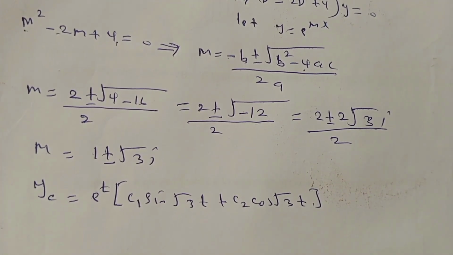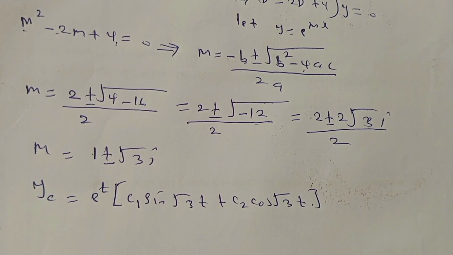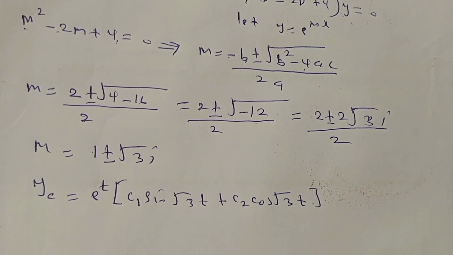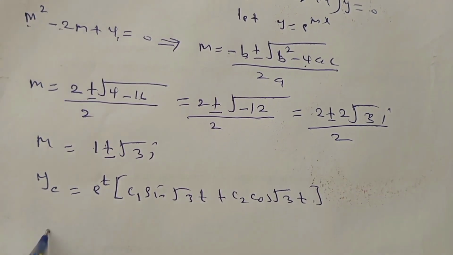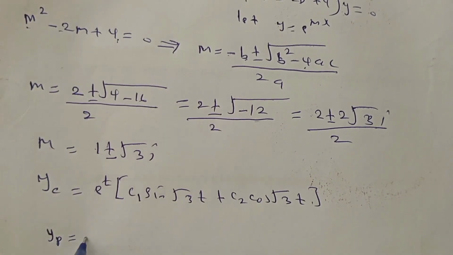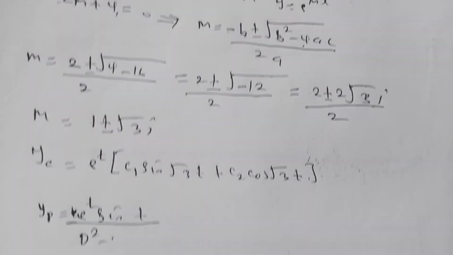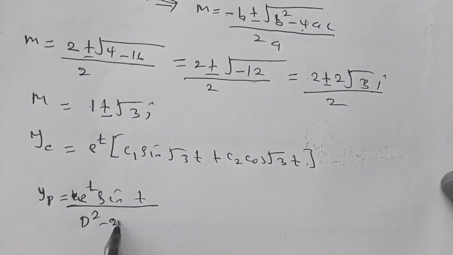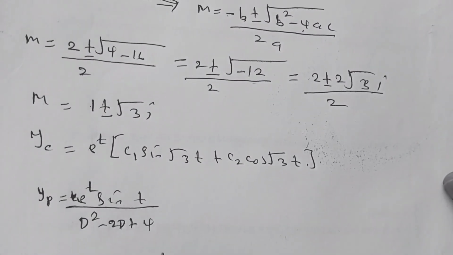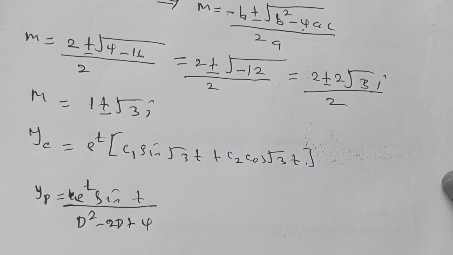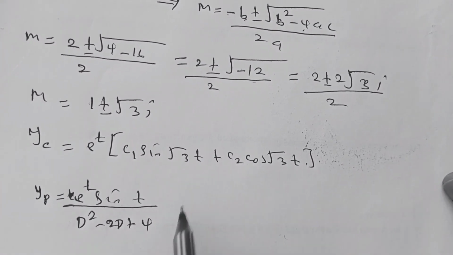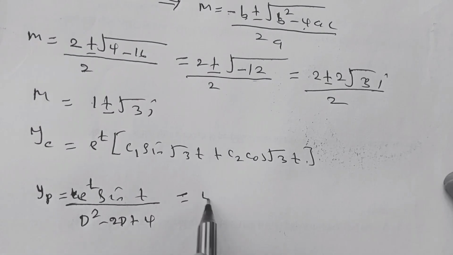The next level now, we go to the particular part, whereby our particular part yp is equal to exponential t sine of t divided by D squared minus 2D plus 4. Now to solve this ODE, we do it as follows.